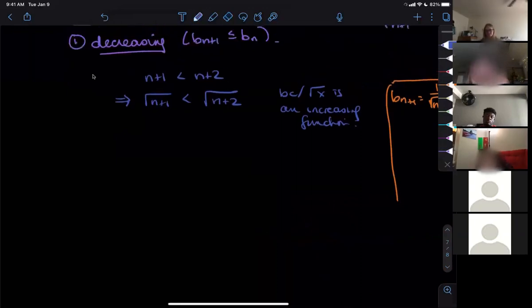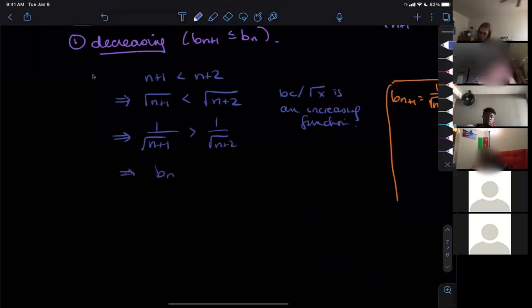Okay, time's almost up, but taking reciprocals is going to switch the order. If I have a smaller denominator, then I have a bigger fraction. And that means b sub n is bigger than b sub n plus 1, so decreasing.